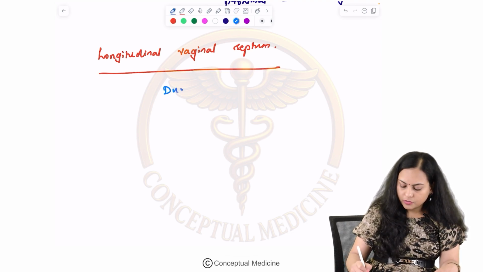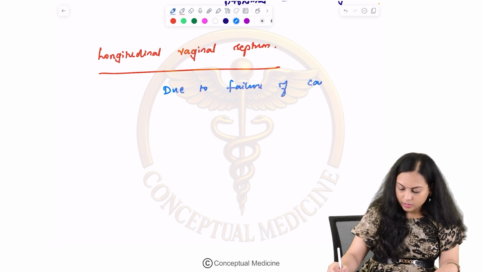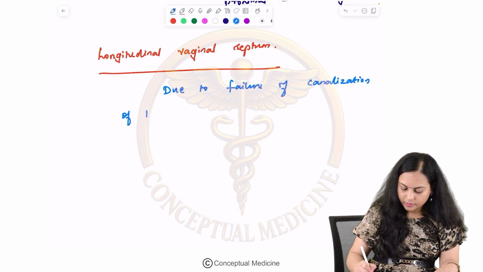This also occurs due to failure of canalization of the vaginal plate.